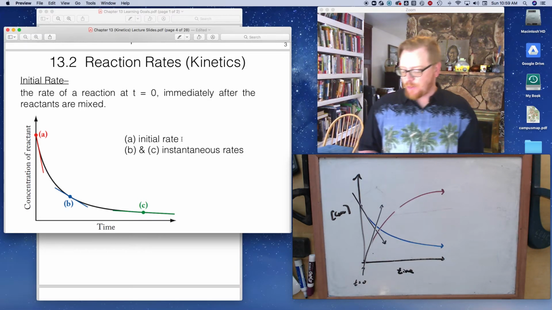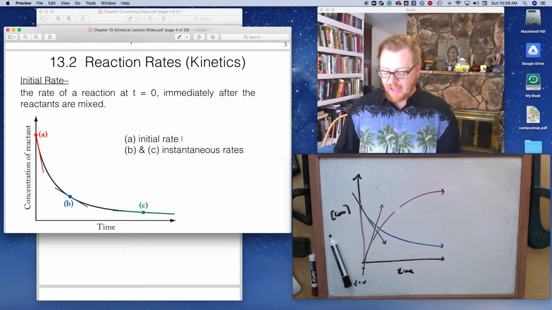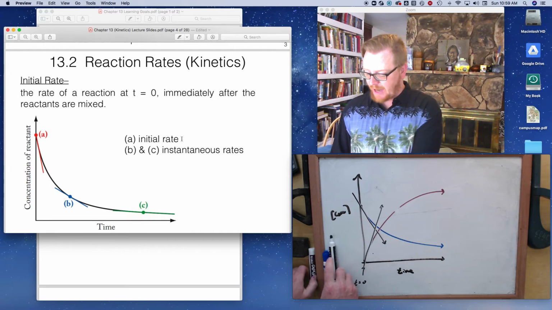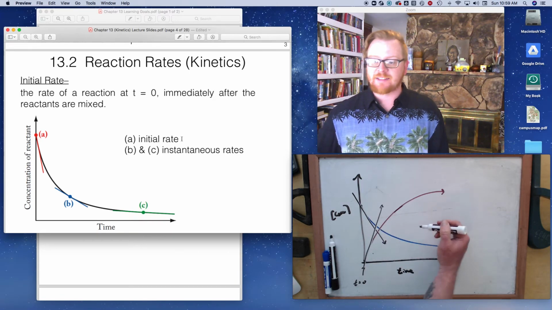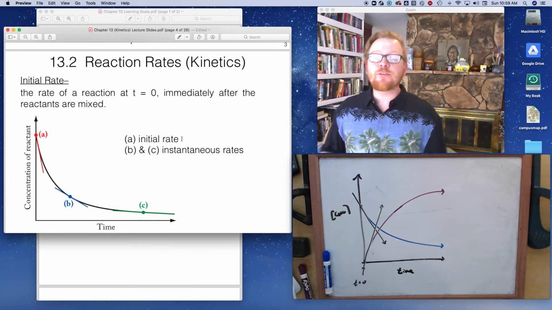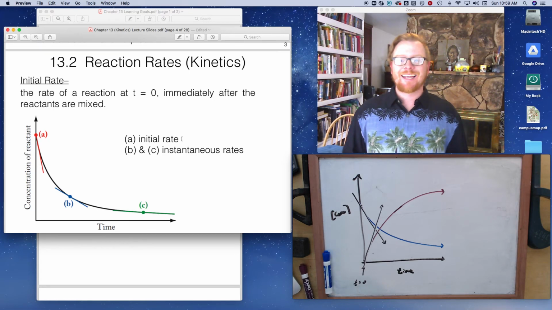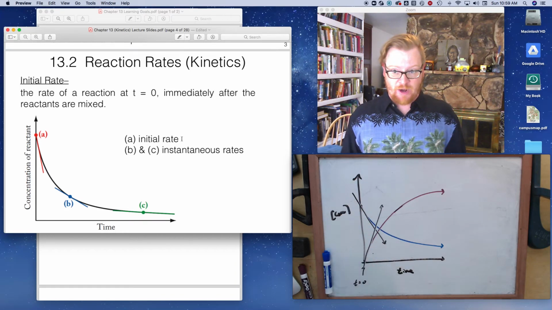And now, even though that wouldn't be comparable if I look at later on in the reaction time, you know what I mean? If I compare those initial rates to rates out here, they're still going to be different. However, if we are going to use instantaneous rate, it is preferred to use the initial rate. Okay?